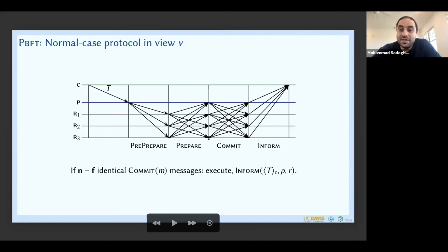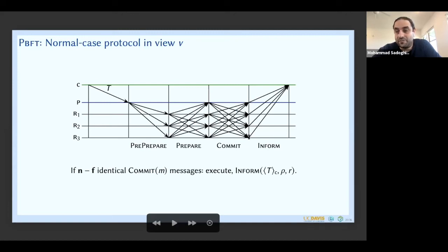So at this point, I am certain that no other message was associated with the sequence number, because the honest replica will not accept two different messages for the same sequence number. So once I reach the prepare state, I can be certain that the primary has not assigned two different messages to the same sequence number.